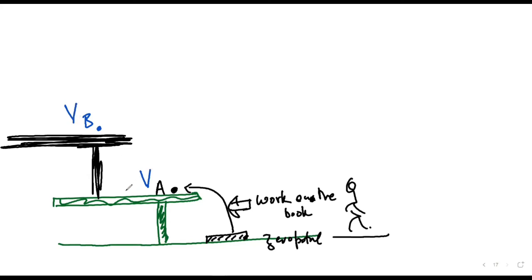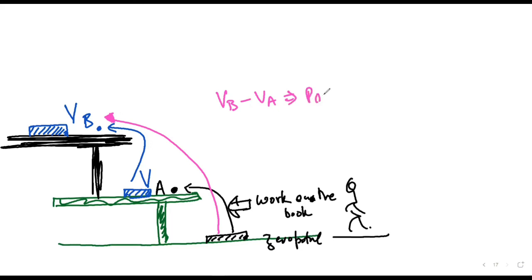Now the book has to be raised from point A to point B. Mr. Sivang, is it making sense? Yes. Now this VB can also be defined as the work that is required to be done to raise this book from zero level to here. Mr. Sivang, is it making sense, or am I confusing the issue? No. So there is something called VB minus VA, and that is called the potential difference. Mr. Sivang, any doubt? No.